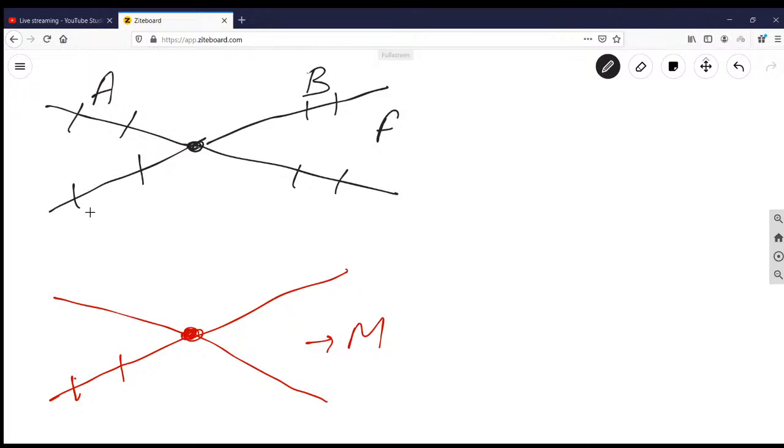So capital A, capital B, same. Now here it will be small a, small b, small a, small b. Now homologous crossing over, or you can say homologous recombination.